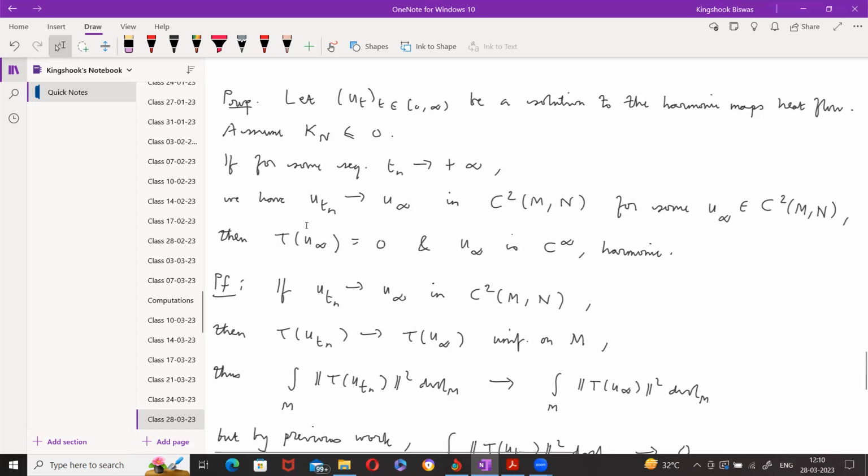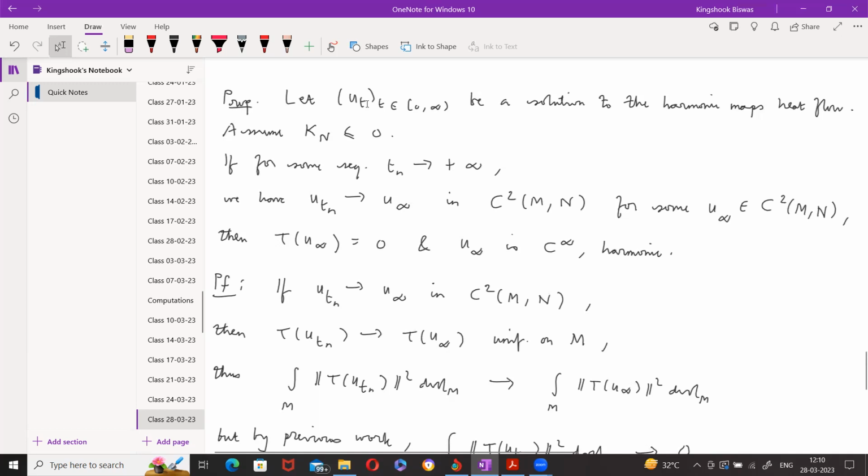So for t large, u_tn will be uniformly close to u_infinity, and that will imply that u_tn is homotopic to u_infinity. And so therefore u_infinity is homotopic to u0.